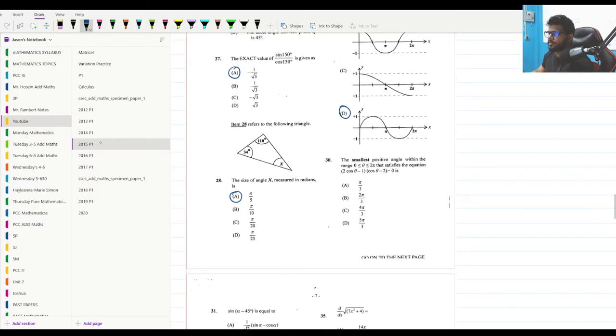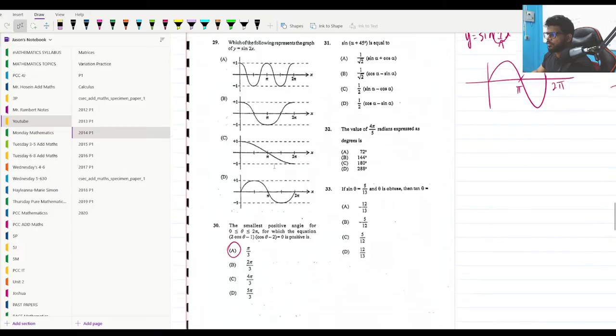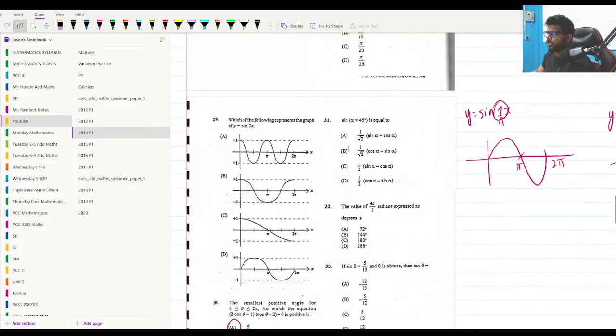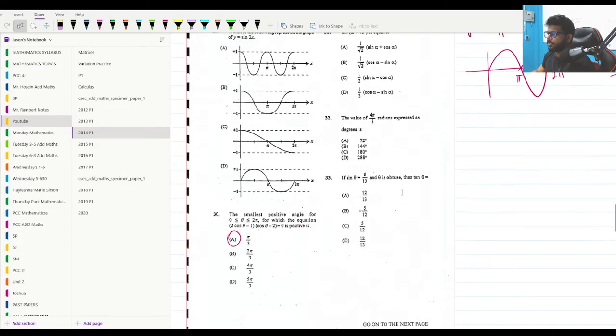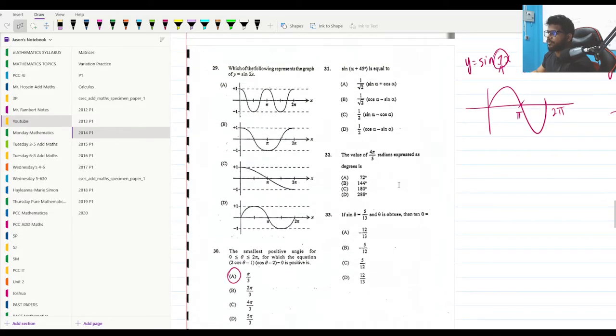The smallest possible value. I think we did this one as well. Wait, nah, I didn't do these questions here. Alright, I didn't do these questions. 31 is a repeat. 4 pi on 5 radians, this was 144 degrees.